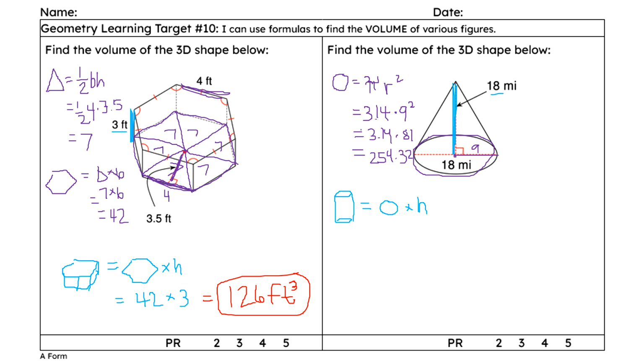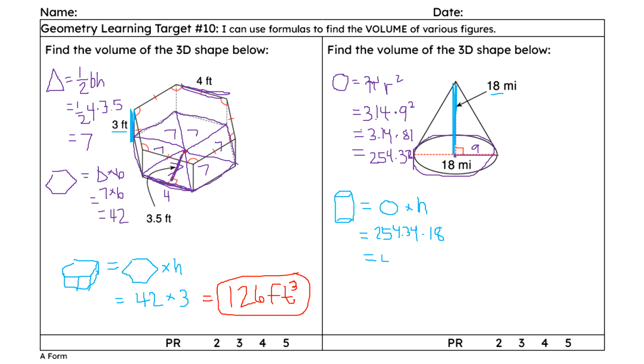Okay, so let's pretend it's a cylinder to start, and then we're going to change something. So the area of the circle we had was 254.34. Sorry, 34, not 32. And then I'm going to multiply that by my height of 18. That's going to get me the volume of a cylinder if this were a cylinder. It's going to be a big, big number.